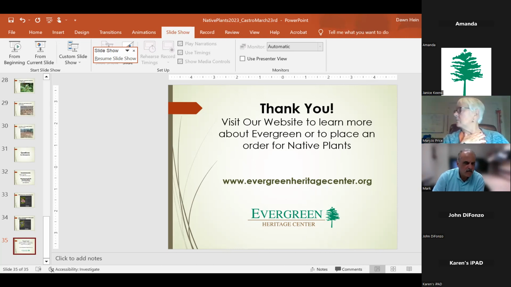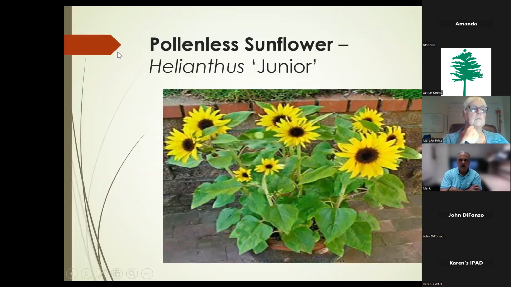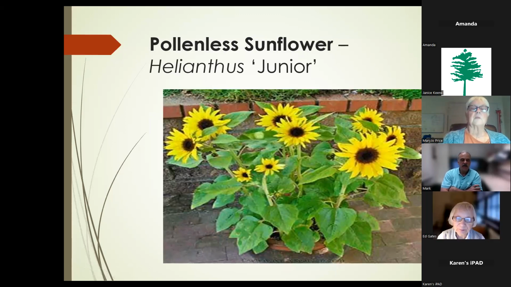All right. Can you see it now, Mark? No, it looks like it's an expanded version of something, but it doesn't show any of the slides on my computer. There we go. I see a slide. The sunflower's up now. You see the sunflowers? Yes. And that is correct.